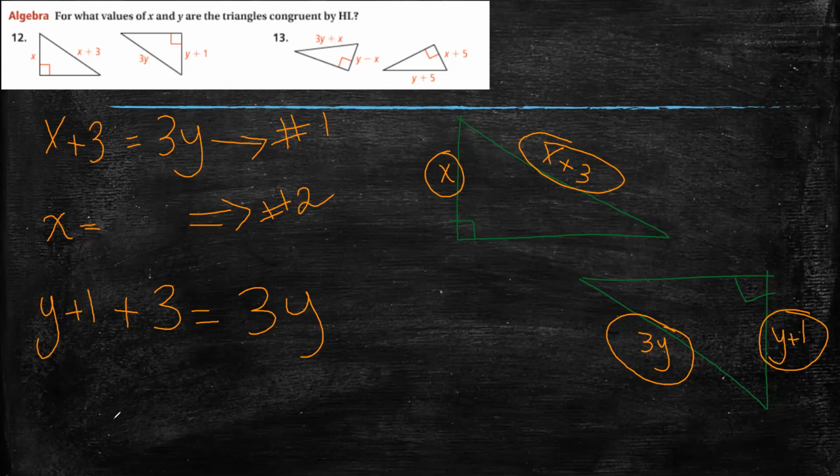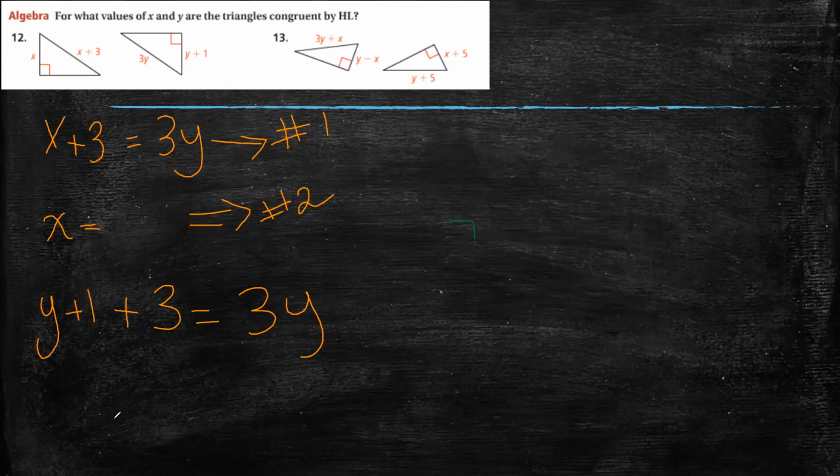Instead of x, I substitute it with y plus 1. Is it right? Yes. Then y plus 4 is equal to 3y.